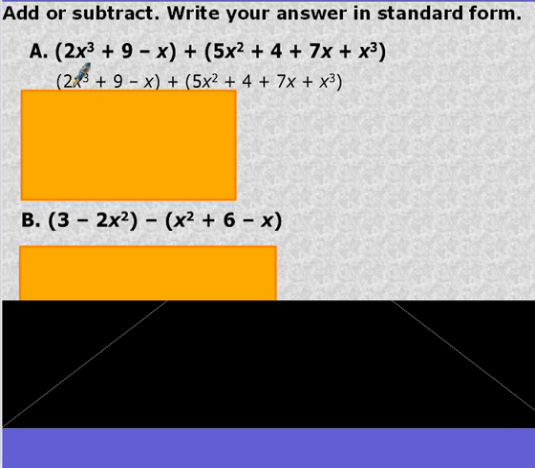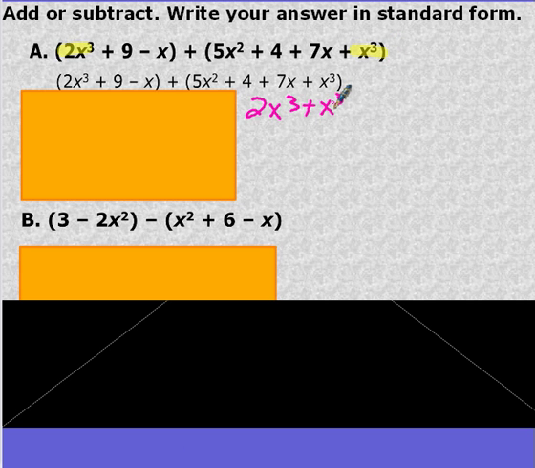So 2x cubed is going to be our first term, and we want to have the final answer in standard form. So we have an x cubed and an x cubed. So we're going to group those together.